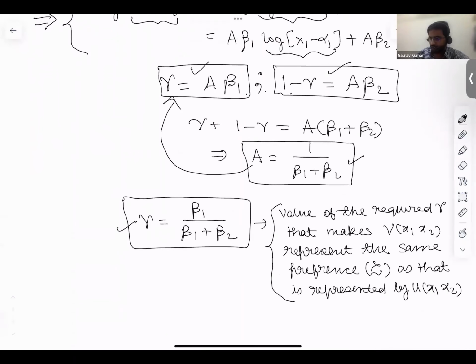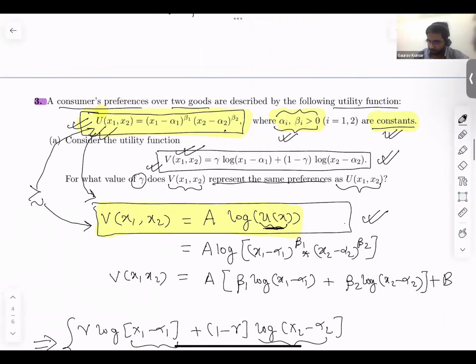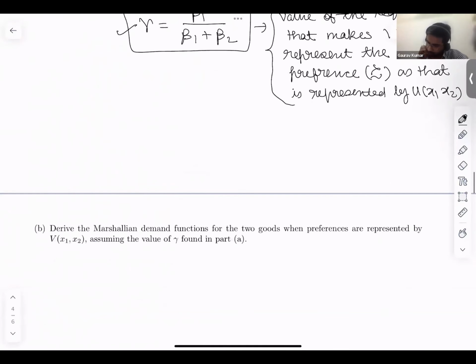Now this question has another part. Here we have to derive the Marshallian demand for the two goods when preferences are represented by this, assuming the value of gamma has been found.